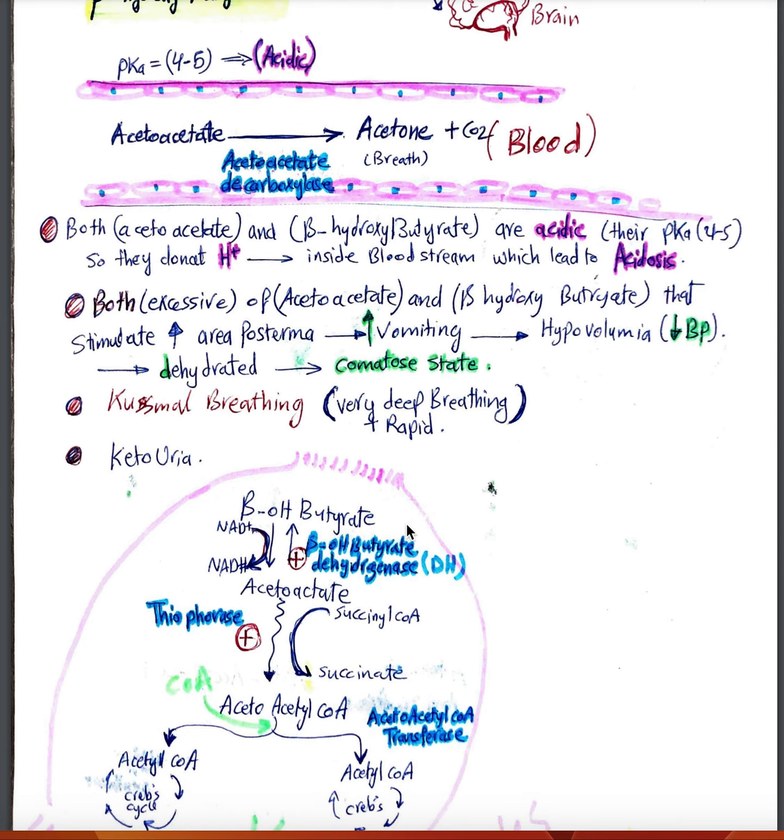And other information: excessive acetoacetate and excessive beta hydroxybutyrate stimulate the area postrema, which is present in the medulla oblongata, and that stimulates vomiting, and that leads to hypovolemia, which reduces the blood pressure, then dehydration, and that leads to a comatose state, which explains why the diabetic ketoacidosis patient comes to us at a young age in a coma.